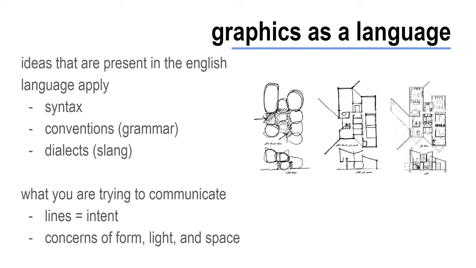But there are also different dialects or abbreviations of different graphical patterns. So rather than saying that this is concrete, I'll just use a pattern that represents that this is concrete. Different abbreviations for construction methods.